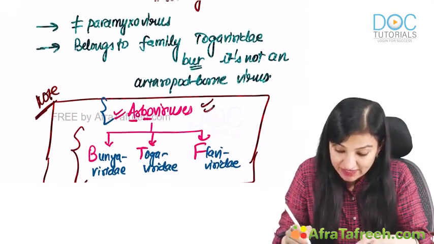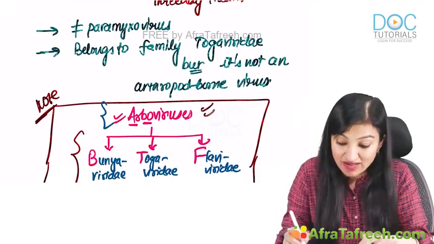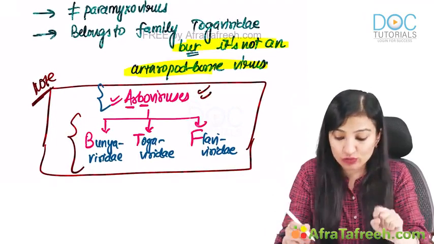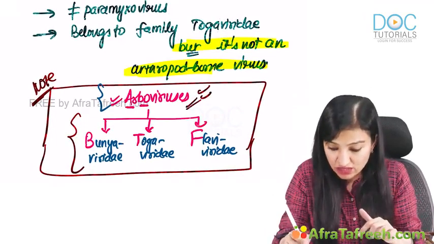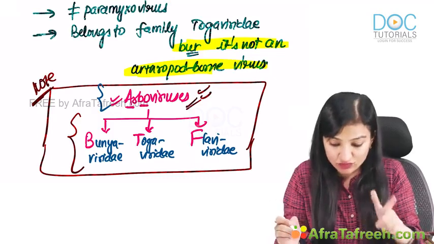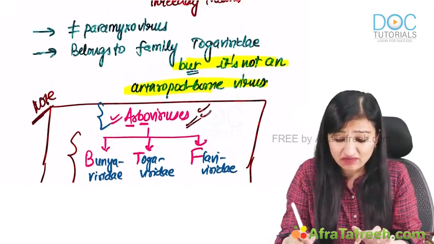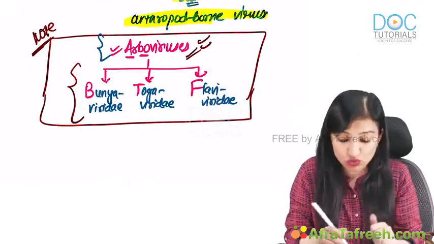Now, Togaviridae has got rubella virus also, but rubella virus is not an arthropod-borne virus. That is why I told you the classification of arboviruses along with rubella virus. If it is not an arthropod-borne virus, despite being a Togaviridae family member, then how is it transmitted to humans?